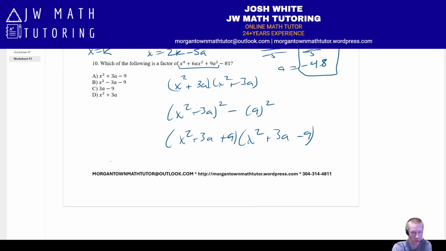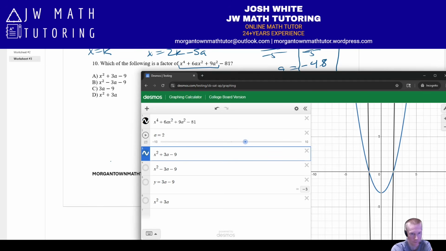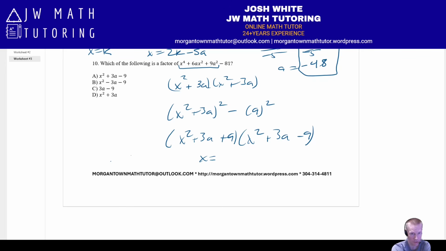You would plug in the a value of 2 and then solve this, and you're going to get x equals some number from each of these. Technically, it looks like it's going to be a plus or minus because it's a quadratic for each of these factors. Whatever that number is, you're going to get the same number for the factor itself.